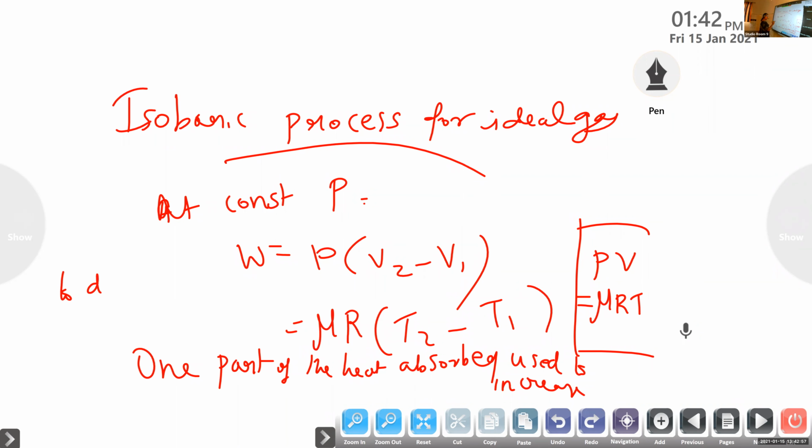So this is how in an isobaric process the heat energy is divided between internal energy and temperature increase, and another part is used to do work.